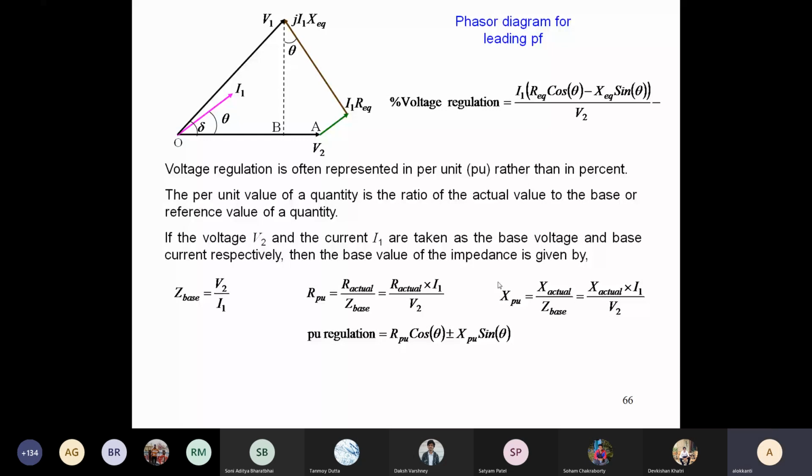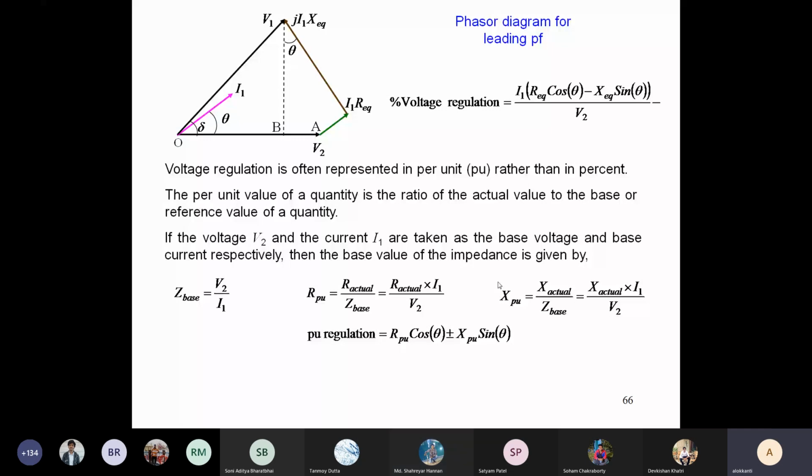Sir, per unit regulation and regulation in percent, both are different? Different things? I'm asking whether both are different or same. It is a different way of expressing the regulation.